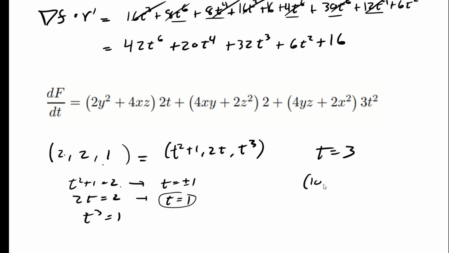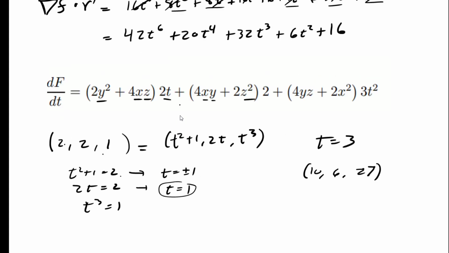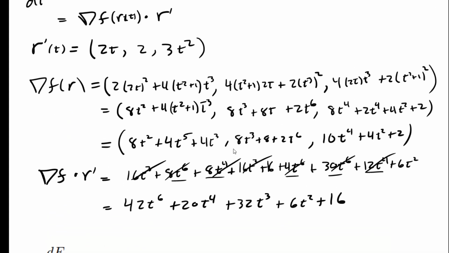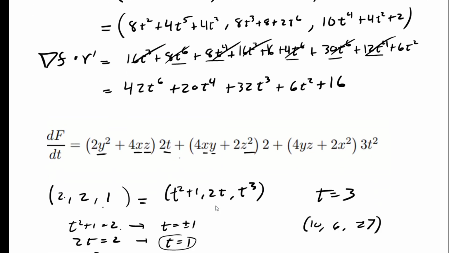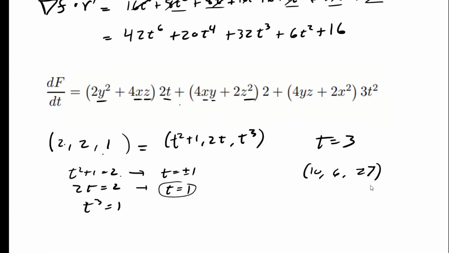That's going to be 10, 6, and 27. So I can take those x, y, and z values and plug them in for each of these, and I know t is 3. That can save me a lot of time, so I don't have to go through all this process of simplifying and putting it all in terms of t. If I know the x, y, and z values that I want to evaluate it at, I can skip that and just plug them in right away.